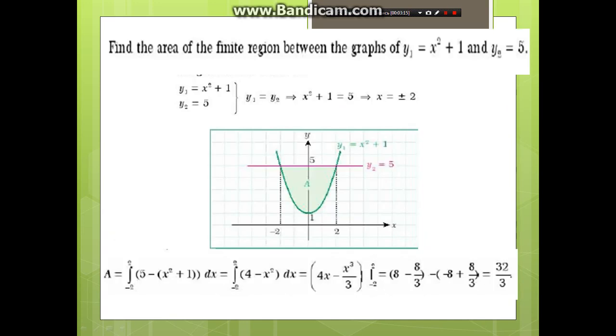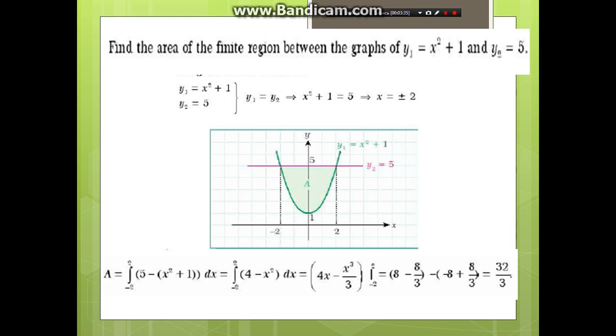For example, number 2, find the area of the finite region between the graphs y is x squared plus 1 and y is 5. Before we begin, we need to find the interval for the integration.